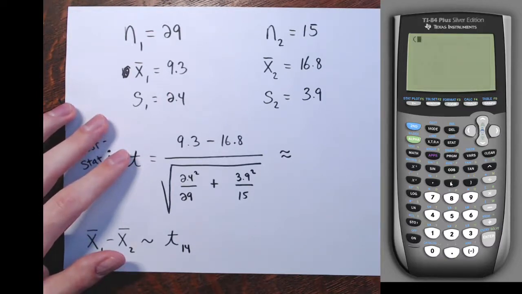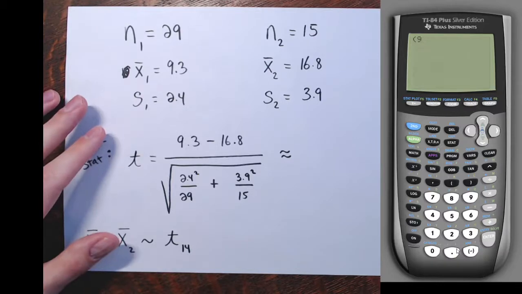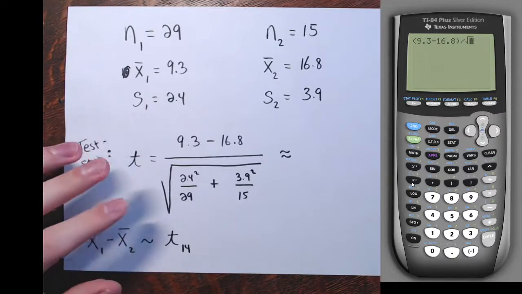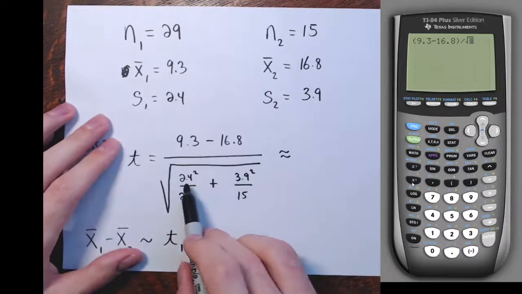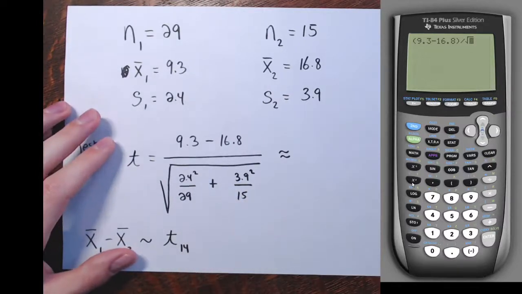All right, so in parentheses in the numerator, 9.3, the x1 bar, minus 16.8, the x2 bar, divided by, and make sure, if you have an older calculator, you might have to put parentheses inside here, but make sure all of this stuff is inside the square root.